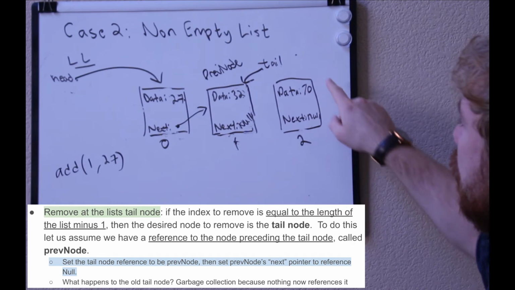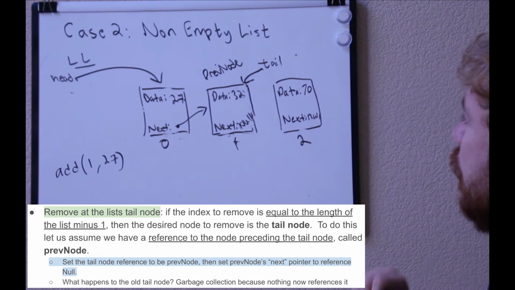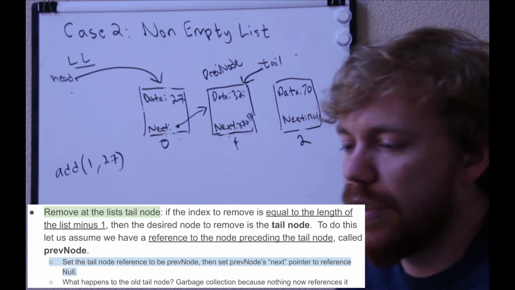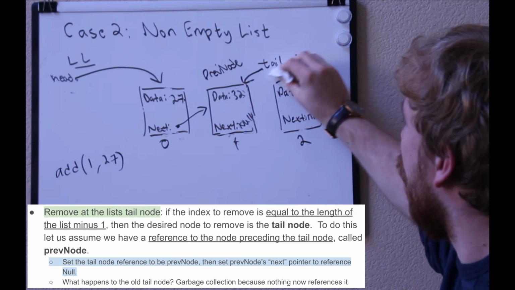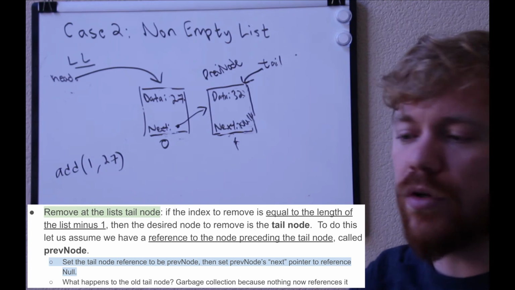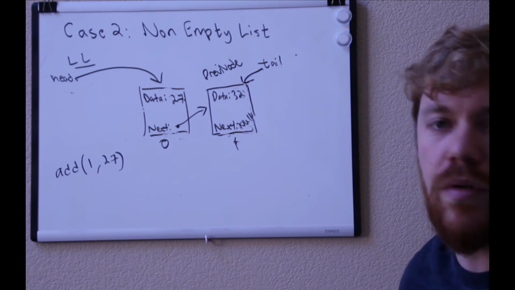And once again, nothing now references this node here, and so what happens is it will get garbage collected. And so there's no need to actually do any erasing of this node. It just automatically will disappear. The erasing of the node, if you will, really is setting this next reference to null.